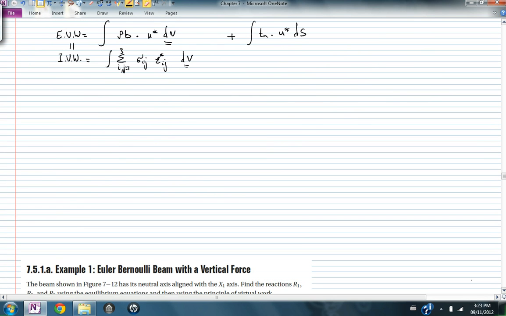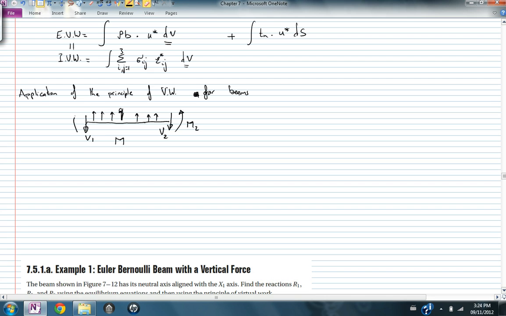Now when I apply this to a beam, the application of the principle of virtual work for beams: if I have a beam that is in equilibrium, it has an internal bending moment diagram M, it has external load Q, and it has end reactions V1, M1, and V2, M2.